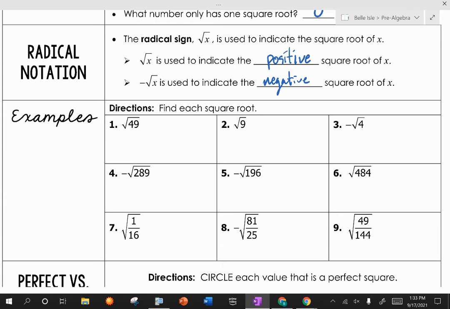Okay. What do we get for number 1? 7. What do we get for number 2? 3. What about for number 3? -2.